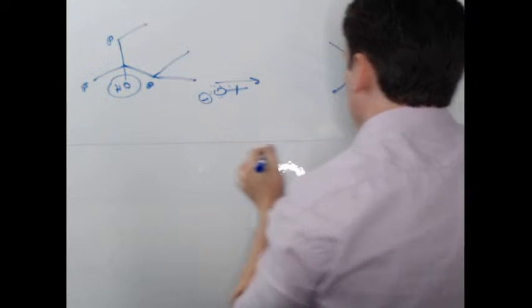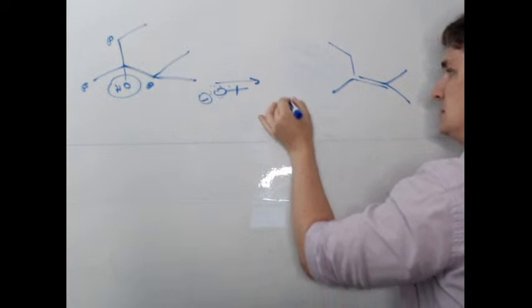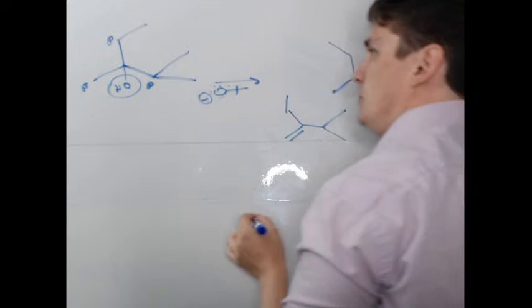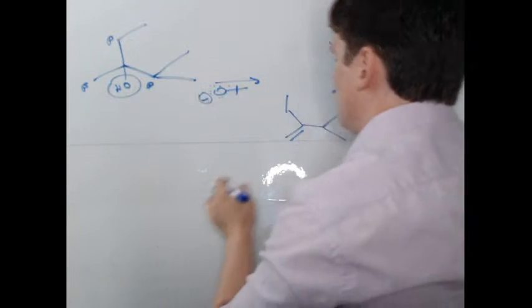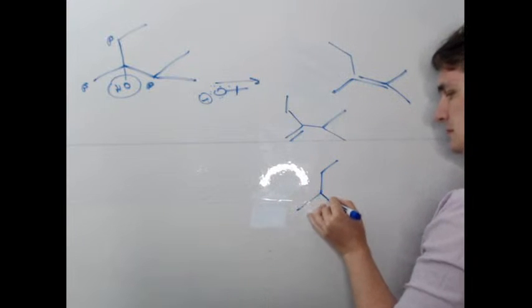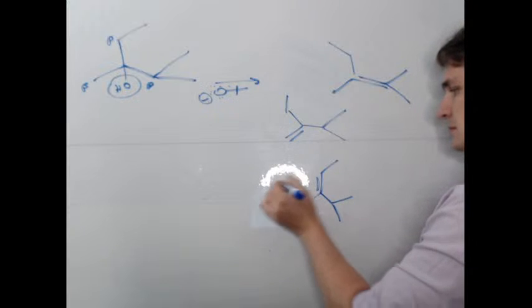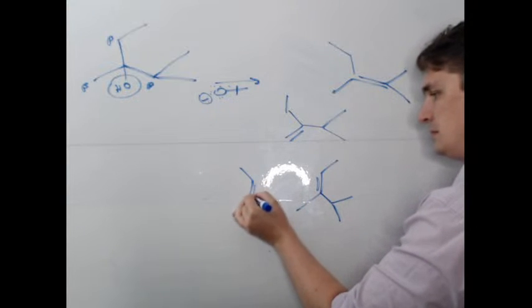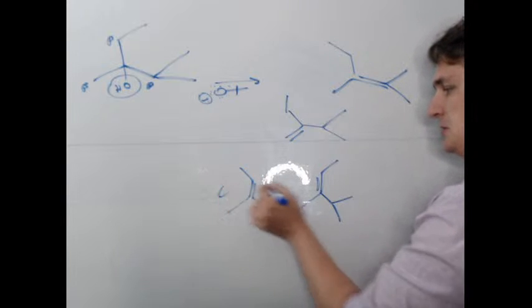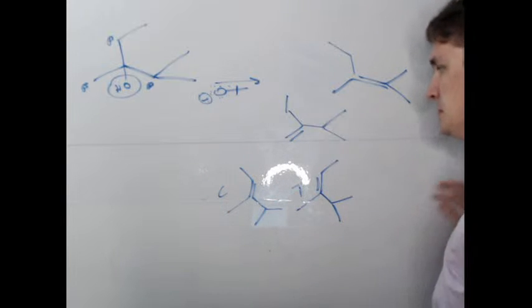We'll eliminate between these two. And we can eliminate with this one, but let's keep in mind that when we draw it, there are 2 ways to draw it. So here we've got the cis form, and here we've got the trans form.